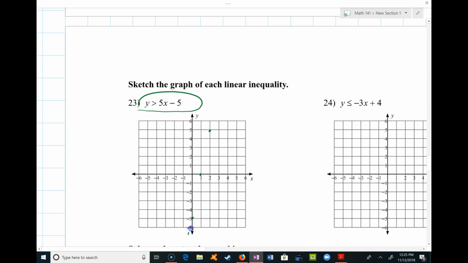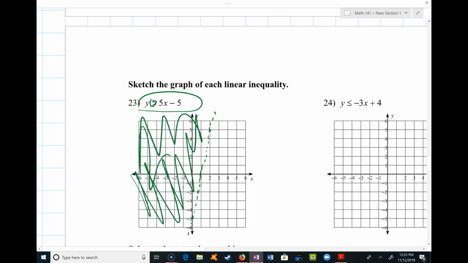So the way I'm going to indicate that is, first of all, I'm going to draw a dotted line indicating that we don't count the line. That's not part of the answer. And then since this says y is bigger than the line, we're going to shade up here.